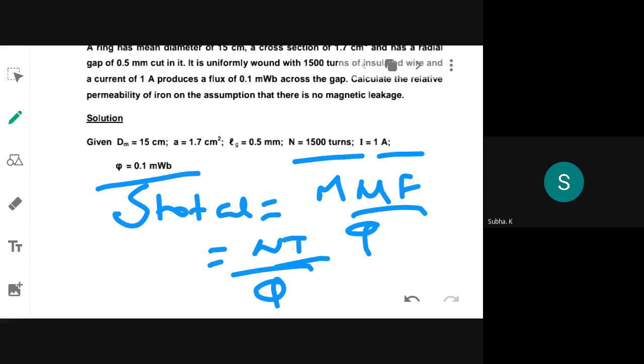It's 1500 into 1 divided by 0.1 into 10 to the power minus 3. It should take only 2 minutes with a calculator. What is the answer?